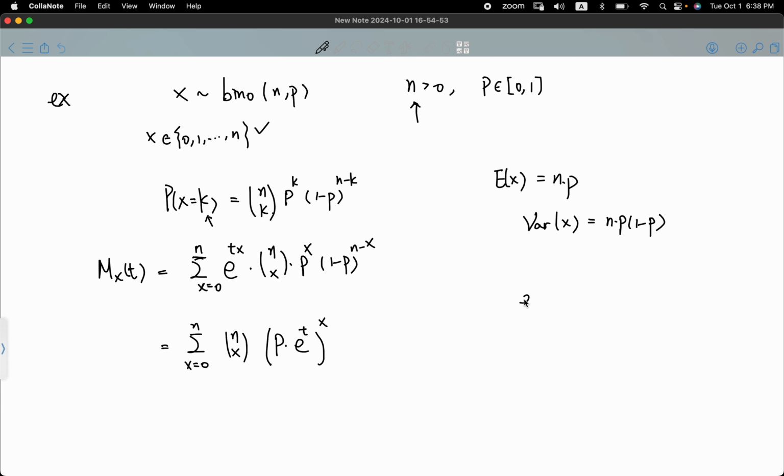Because e^(tx) can also be considered as e^t altogether raised to the power of x. So I'm just grouping the p and the e^t together, and then they are all raised to the power of x. And then you have (1 minus p) raised to the power of n minus x.